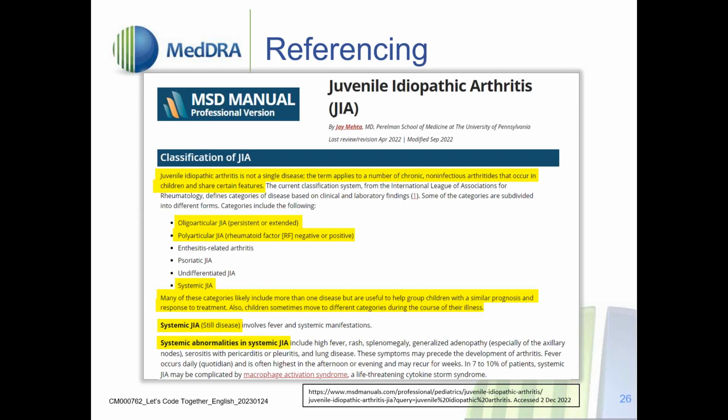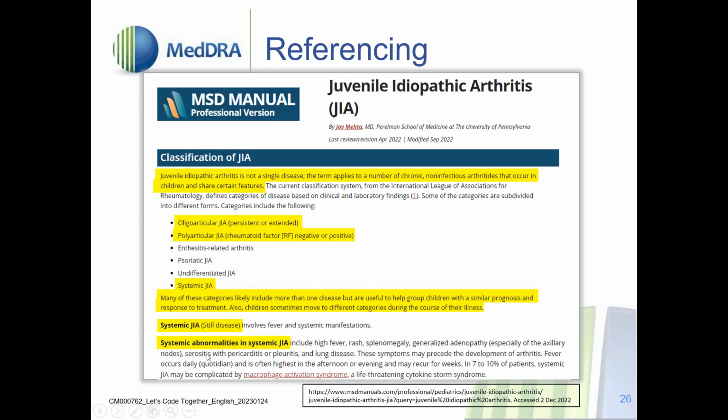It's also important to know that sometimes children move between different categories during the course of their illness. So they could move from systemic JIA to a different type of the disease. So this is all important information in order to classify our reported diagnosis appropriately.